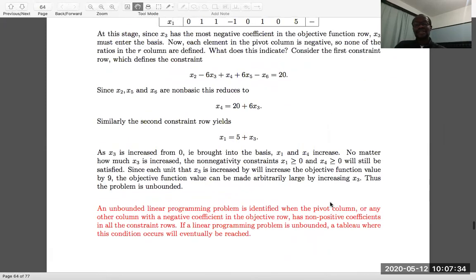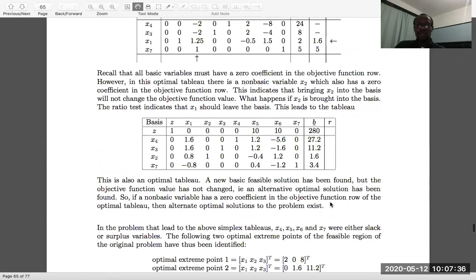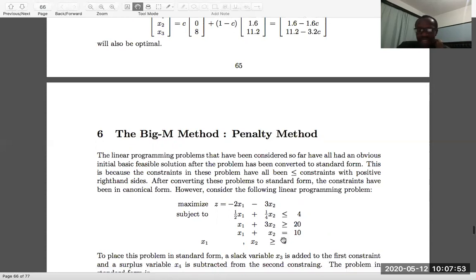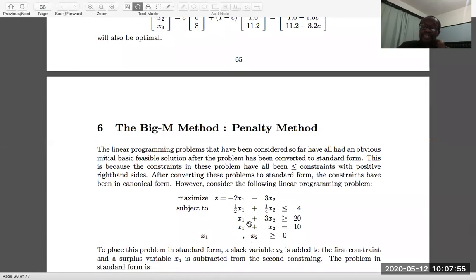In that system, we must introduce the big M method to address that, right? There is an example here where you see we're going to have to introduce a minus here. If we introduce a minus here, then we won't get a basic feasible solution.